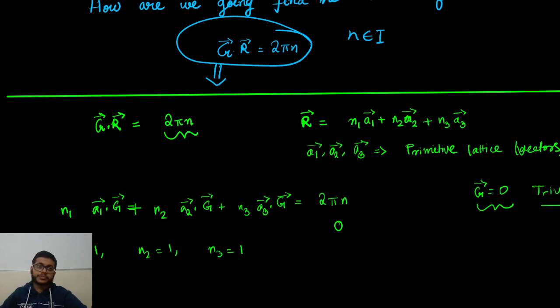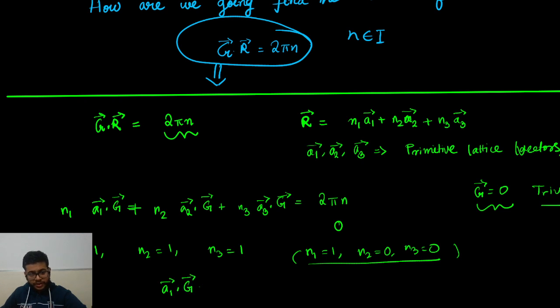Or, for example, n1 equals 1, n2 equals 0, n3 equals 0. This is another possibility. If we put that in, what we get is that a1 dot G can be 2 pi n. That is one of the solutions. This n can be 0, 1, or 2.